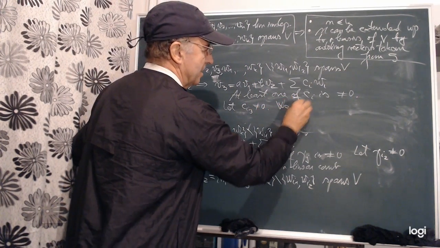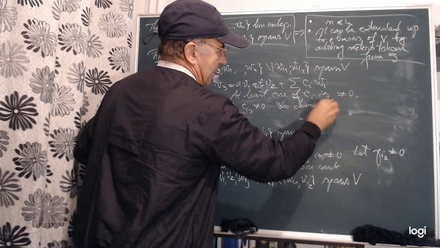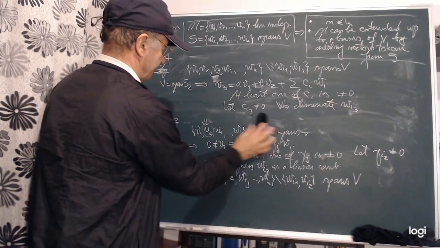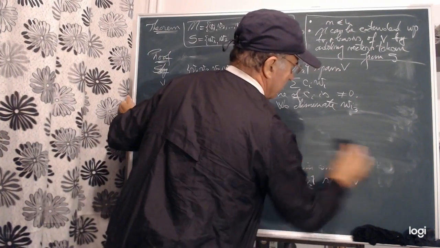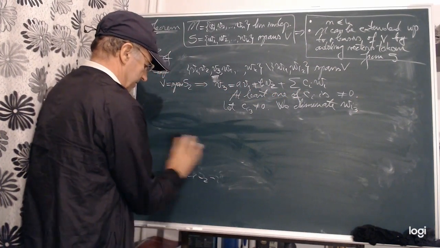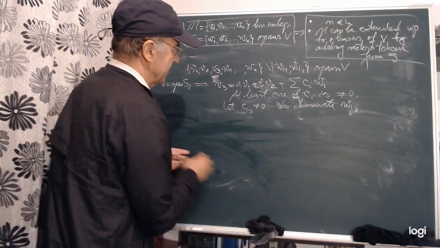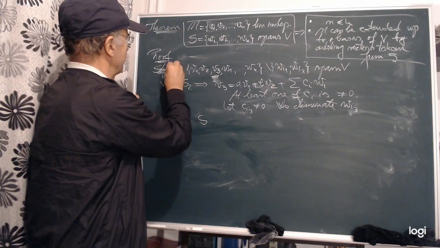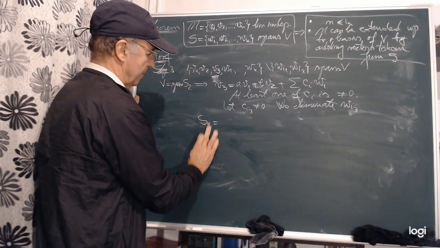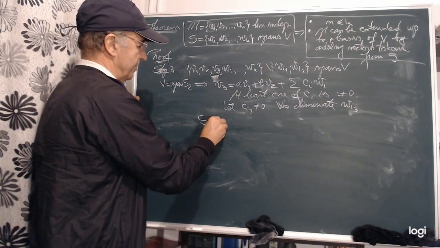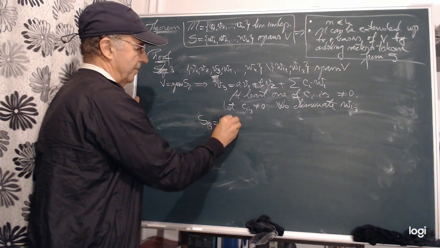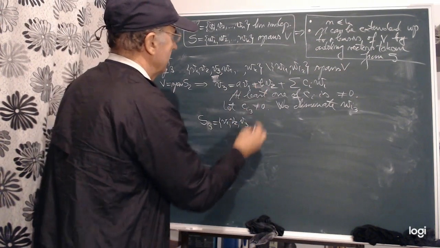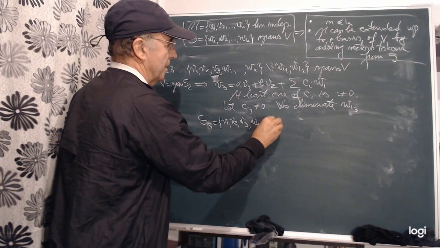We eliminate Wi3, and after the elimination of this vector, the obtained system, which is S3, contains V1, V2, V3, and W1 up to Wk.